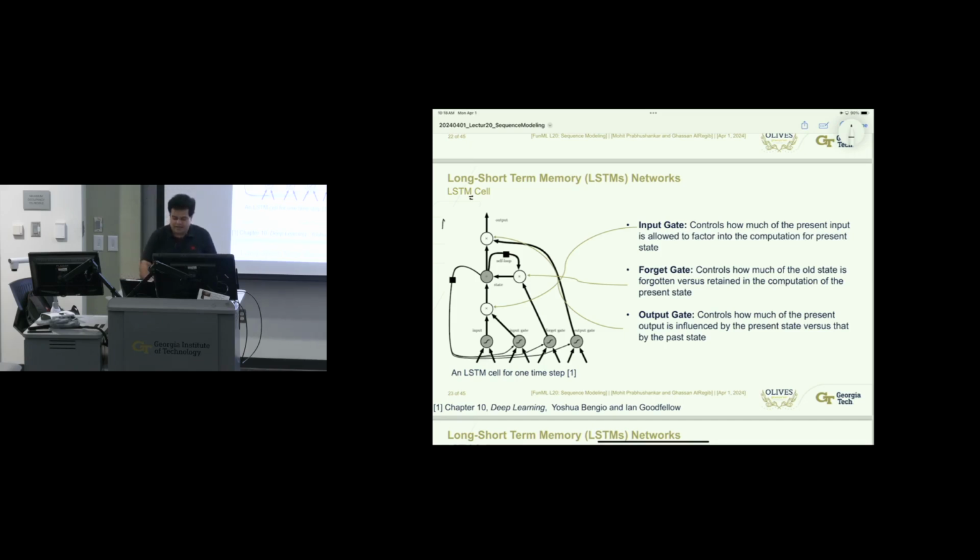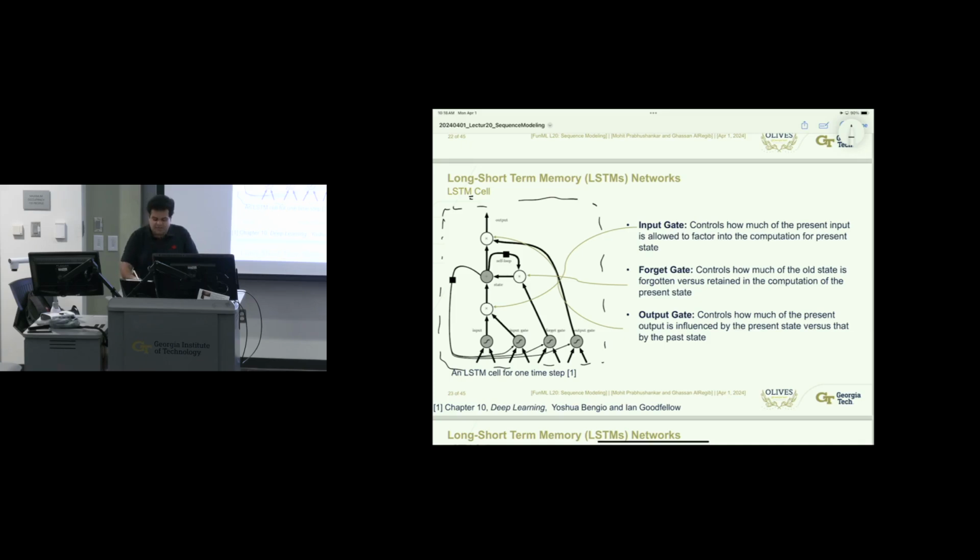This entire thing is a cell, and this cell can be replicated. It's similar to the residual blocks that you saw in ResNets, which can be replicated across different architectures. A similar thing is going to happen with LSTMs, where this particular cell can be replicated across different sentences, across speech signals, and so on.